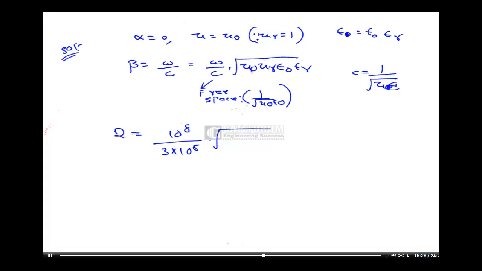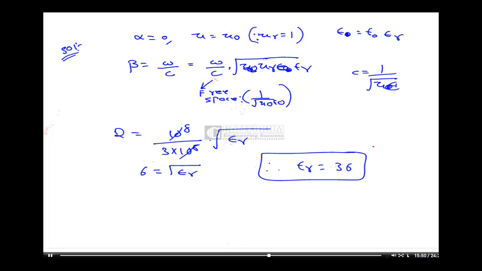Sorry, this mu naught and epsilon naught we already wrote in the form of c. Only this is mu r into epsilon r. Then mu r is equal to 1. Epsilon r I have to calculate, keep as it is. 10 power 8, 10 power 8 cancels. 3 into 2, 6 is equal to square root of epsilon r. Therefore, epsilon r is equal to 36.